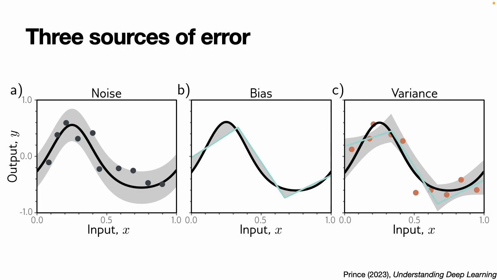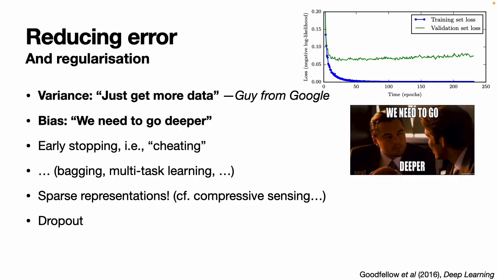So we're a bit stuck with this. The only ones that actually involve my model, the imperfect model that I'm actually trying to train here, are the bias and the variance terms. So the fact that I don't have perfect data limits me there, but I can think about the bias and the variance. So how do we reduce error here?